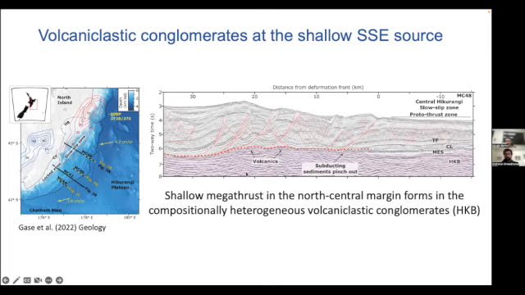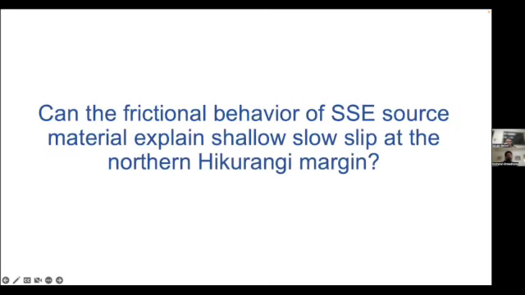So this is where we're basically seeing the shallow SSEs, and that's why these materials are important and relevant and interesting to us. Based on these observations in the field today, I'm asking the question whether frictional behavior of this SSE source material can explain shallow slow slip at the northern Hikurangi margin, and if so, how?